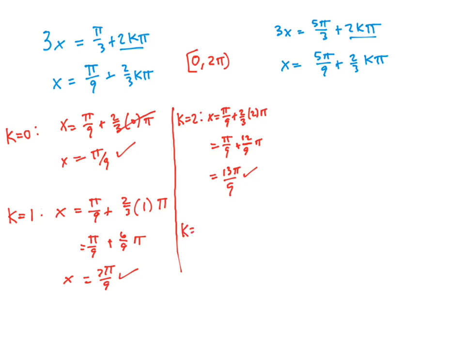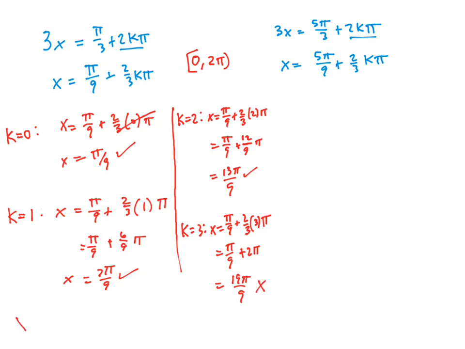Then let's check k is equal to 3. I get x is equal to pi over 9 plus 2/3 times 3 pi. 2/3 times 3 is 6 over 3, which is just plus 2 pi. Now, pi over 9 plus 2 pi, well, that's 19 pi over 9. 19 over 9 is bigger than 2, so this is not in the solution.